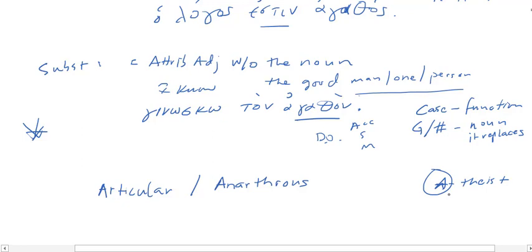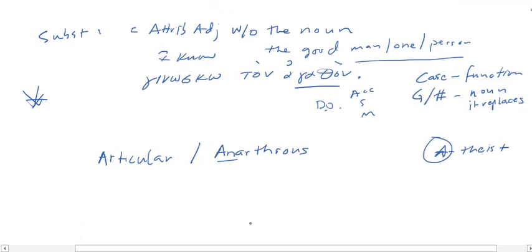But if I'm attaching a to a word that starts with a vowel, then I'm going to stick an there. So anarthrous is not article. No article, lacking the article. It would have been easier to say non-articular, or maybe anarticular. I don't know why there's two different words here.